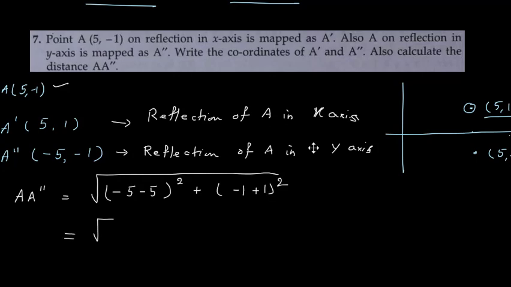So minus 5 is minus 10, minus 10 square is 100, plus 0. So 100 plus 0 is 100, and the square root of 100 is 10. So this distance we will get 10. So AA dash is 10.